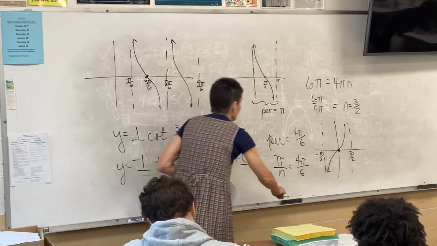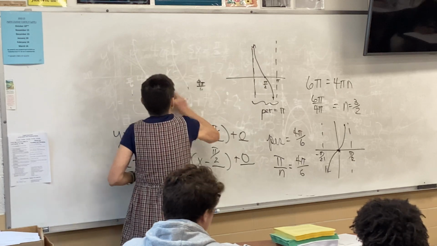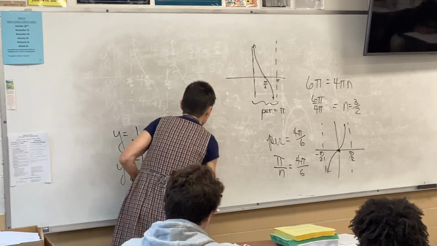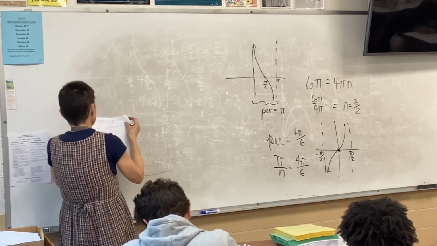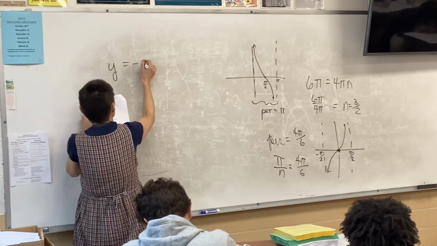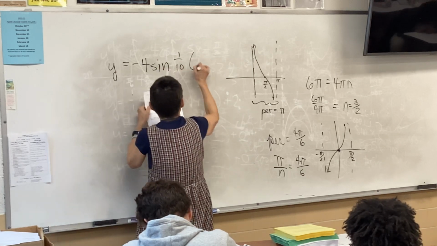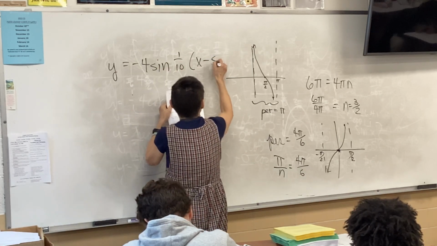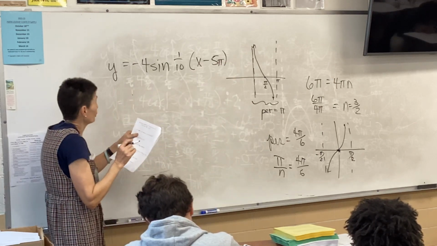Okay, what do I need to remember about frequency? How do I find frequency? Reciprocal of period. So frequency is going to be the reciprocal of the period. So all I need to do is find the period of this curve.